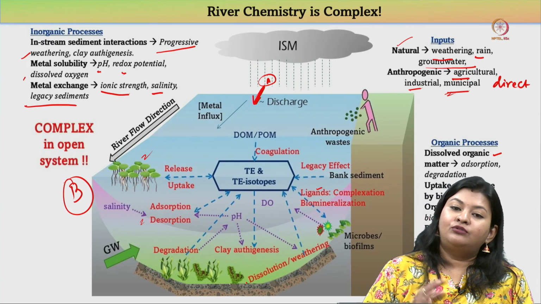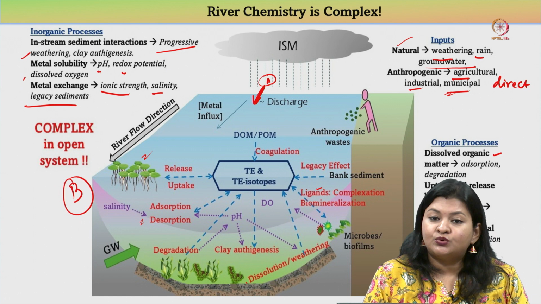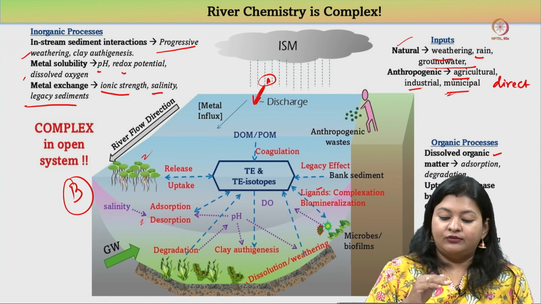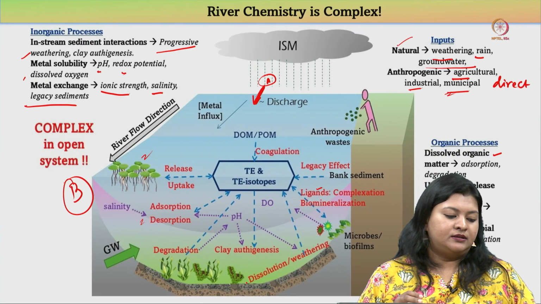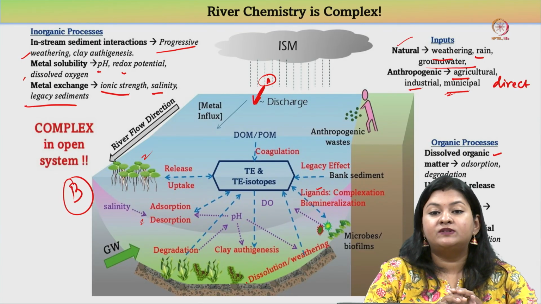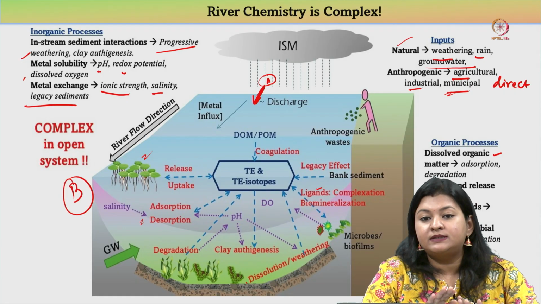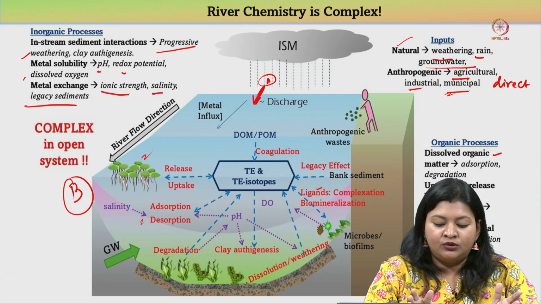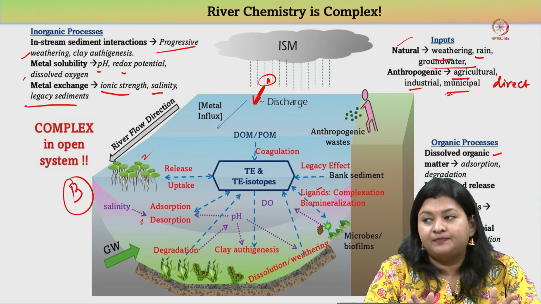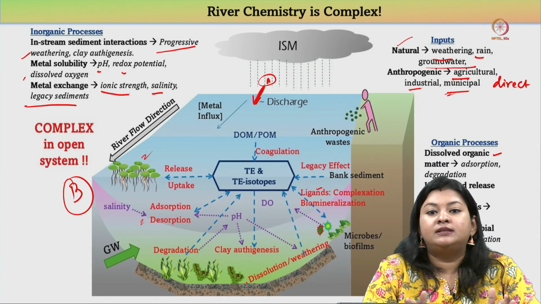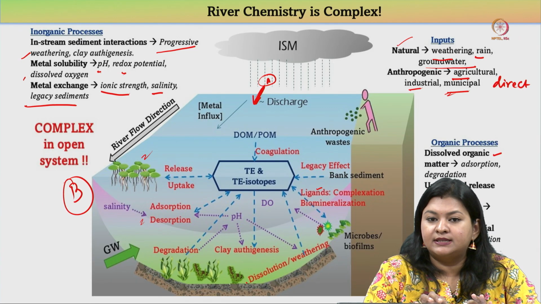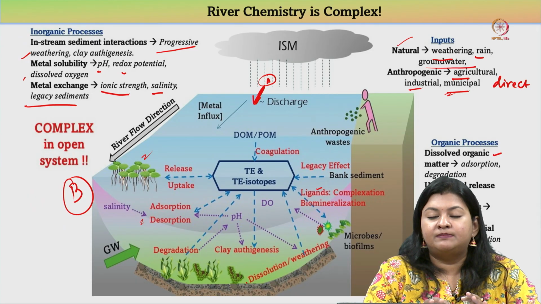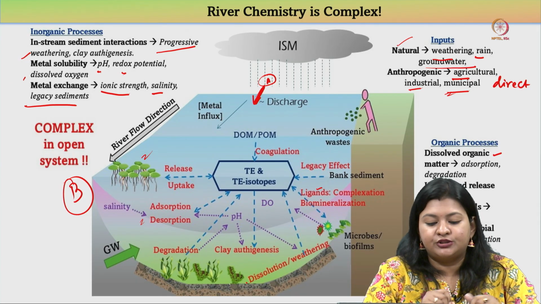And most of the time, having concentration data is just not enough. Therefore, the importance of isotopes in such complex systems. When we are targeting certain processes, we can have specific isotope systems that target the behavior. For instance, if we are looking into clay authigenesis, we can look into lithium isotope systems, because lithium isotopes fractionate very well specifically with respect to clay formation.